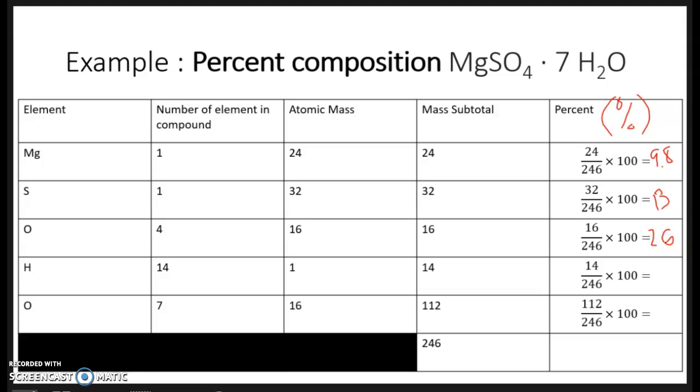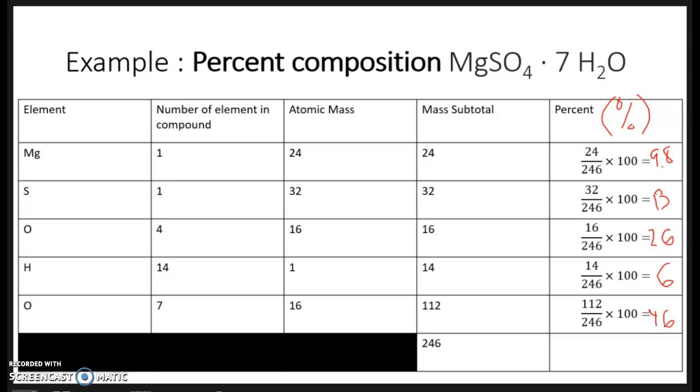Now, for the hydrogen, I've got about, and again I'm rounding here, 6%, and about 46% here. So again, if you do that little bit of math to get the percent composition, you divide. You say, all right, subtotal divided by total times 100, and we've got it laid out here. And so that's how you get the percent composition.